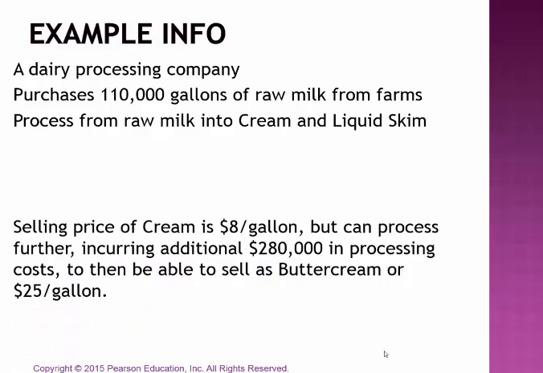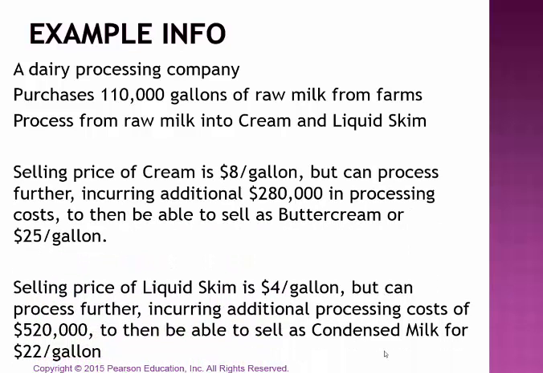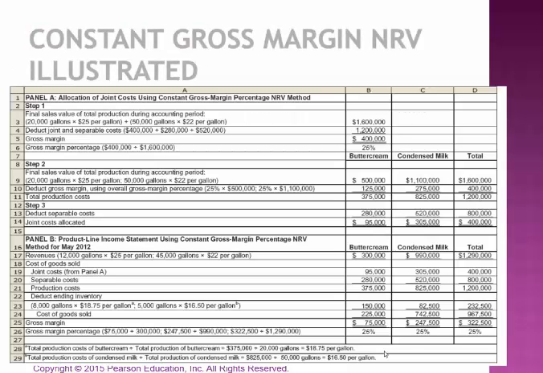We are going to look at it, of course, as the buttercream and the condensed milk being sold, because of course those two are the more involved and they do have the separable costs that are incurred in order to get them to buttercream and get them to condensed milk.